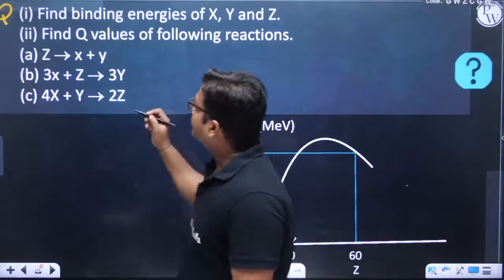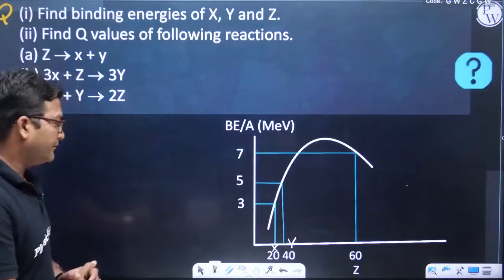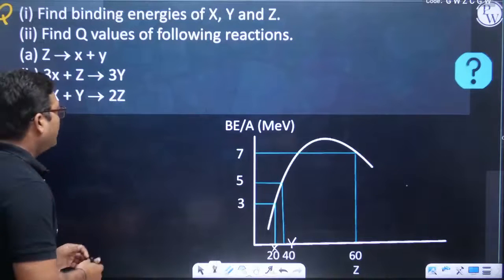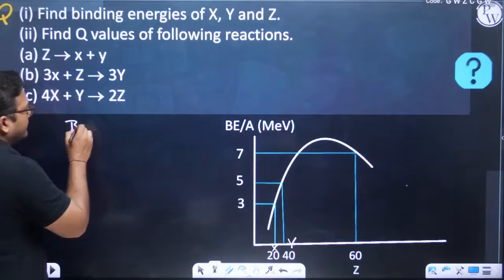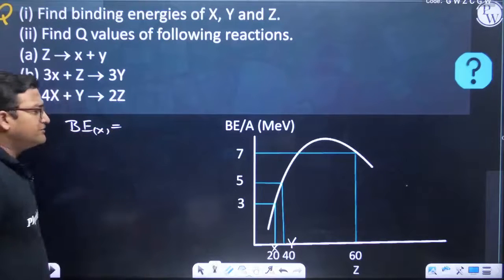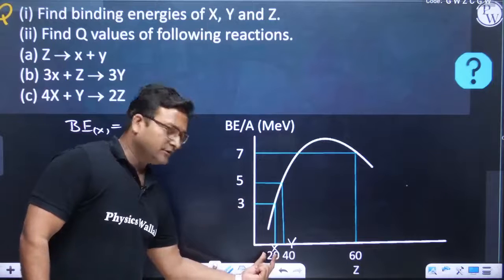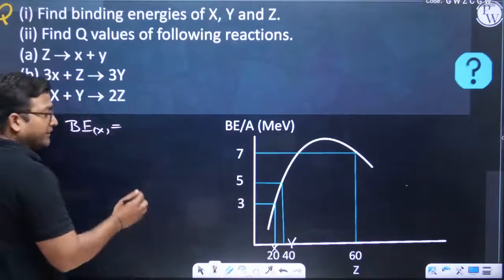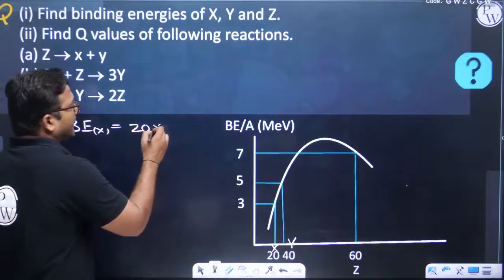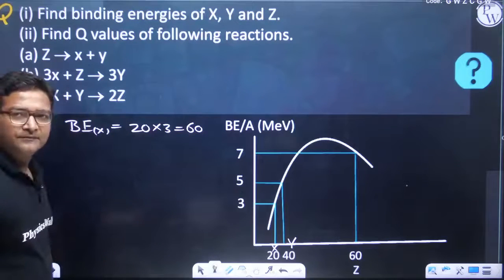So let us check the binding energies of X, Y, and Z. For X, as you know, binding energy per nucleon of X is 3, but there are 20 nucleons. So the total binding energy would be 20 multiplied by 3, that is 60. So for X, binding energy is 60.